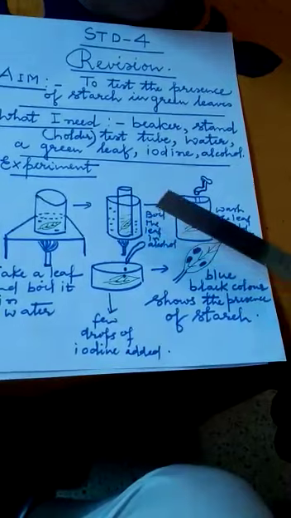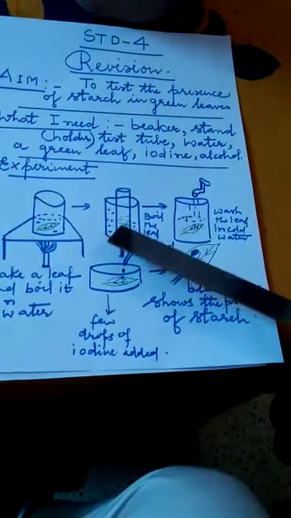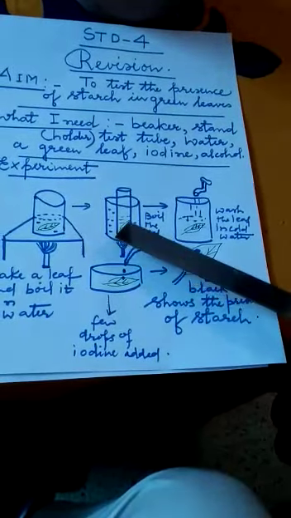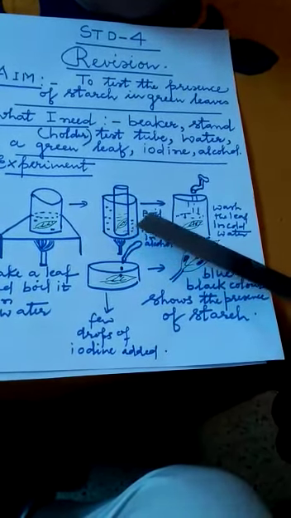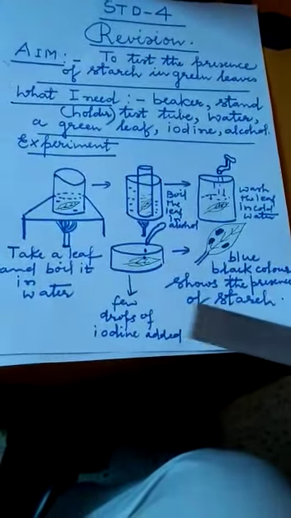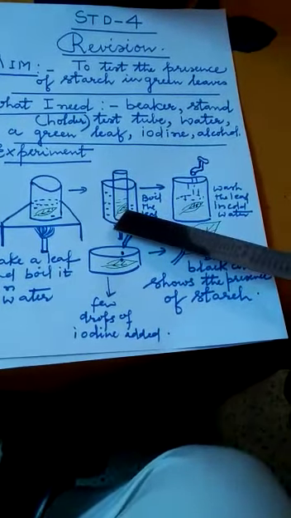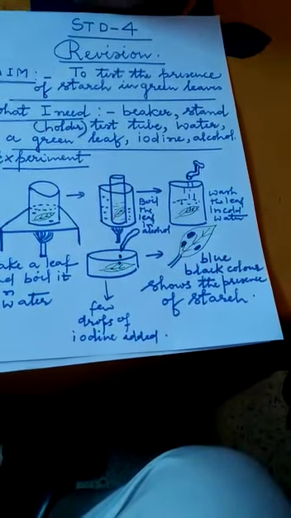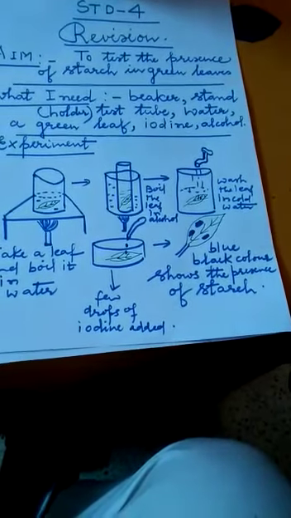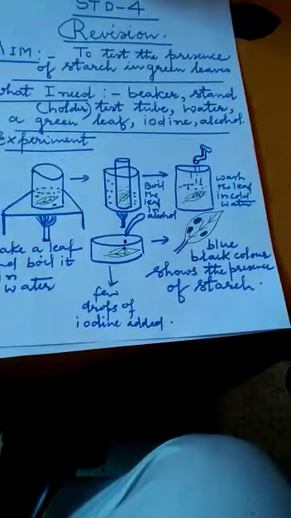Children, there is a question. Why should we use alcohol to boil this leaf? Because previously we boiled it in plain water. So to decolorize the leaf that looks green, we have to bleach the leaf, because the leaf is green due to the presence of chlorophyll.